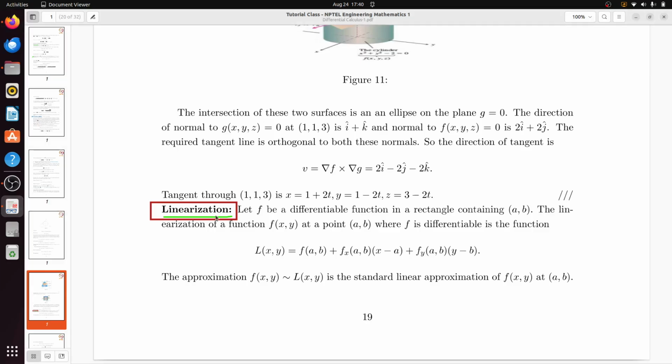For example, you have a complex function. Complex function means the function looks very erratic in nature, like it has many terms like e power x square, sin x square, cos x square, this type of too many terms.